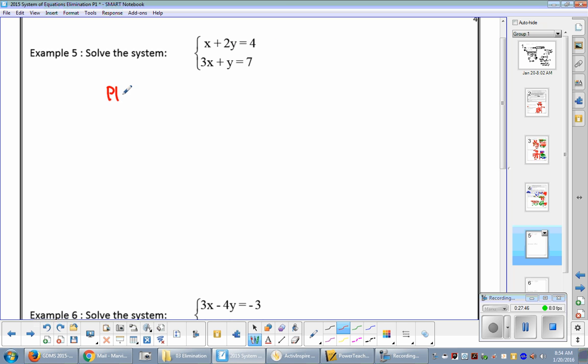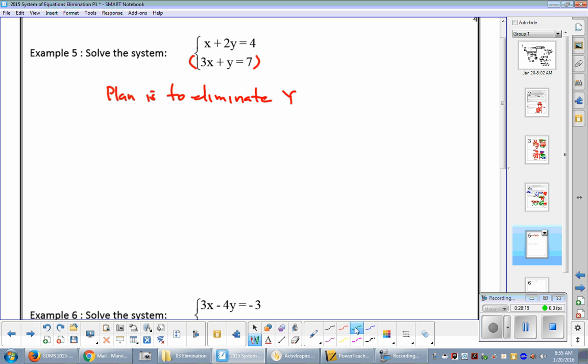So let's say the plan is to eliminate y. So you want your y's to have the same coefficient, right? So what should I multiply to my second equation so that I will have 2y here?